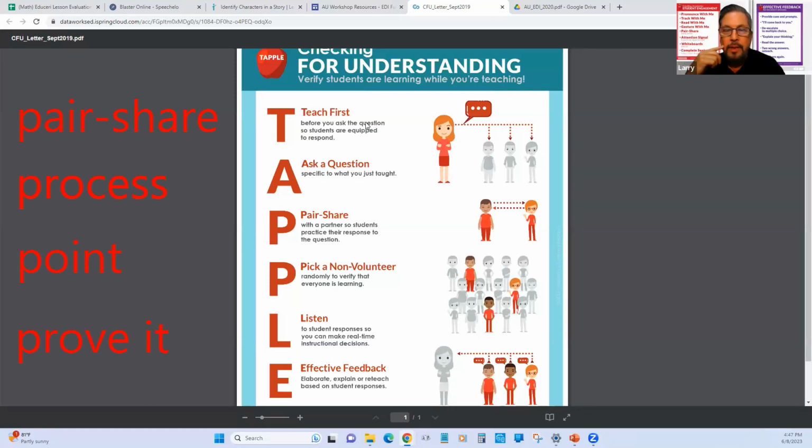All right. So when we go to skill, what am I doing? We're drawing an inference. And then what does that look like? An inference is what we think is going to happen or what we think is happening, and it's never written explicitly in the text. That's what we need our students to practice whenever they're sharing and doing the skill. All right, in math, same thing. What are we doing?